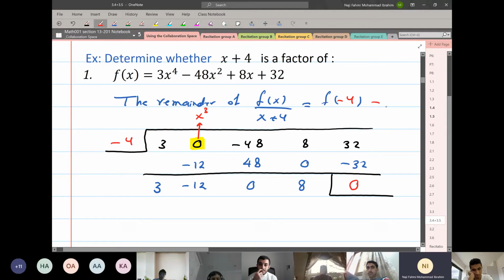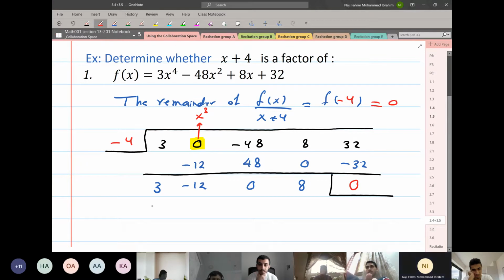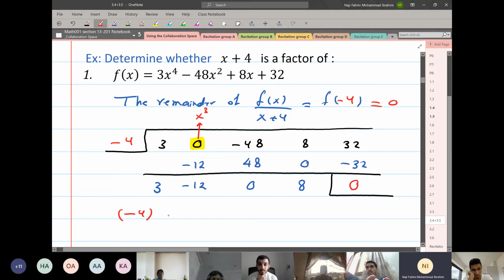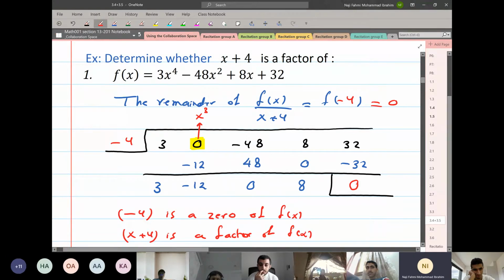So since the remainder is 0, can I say that x plus 4 is a factor? Yes, you can. So we say negative 4 is a zero of f of x, and at the same time x plus 4 is a factor of f of x. Why is it a factor? Because the remainder is 0.